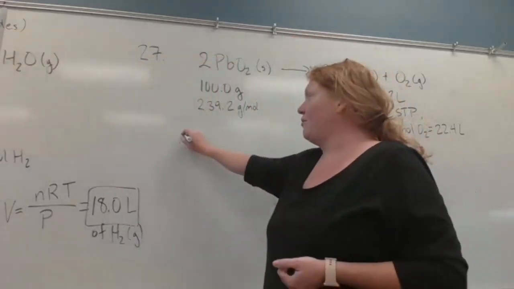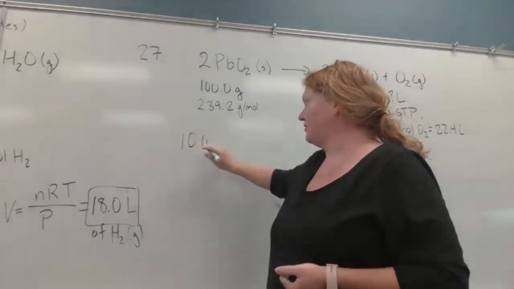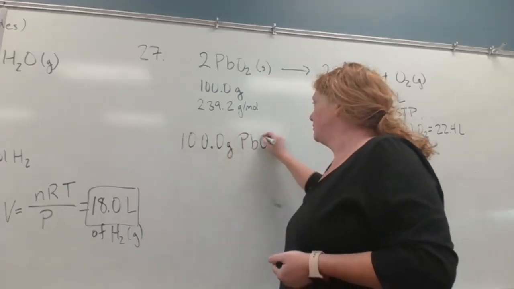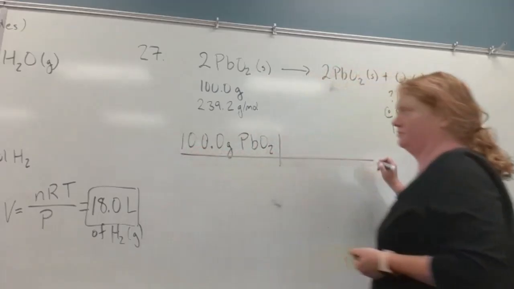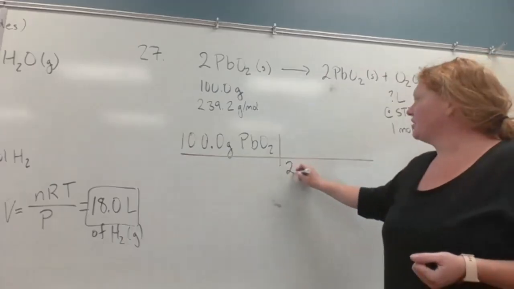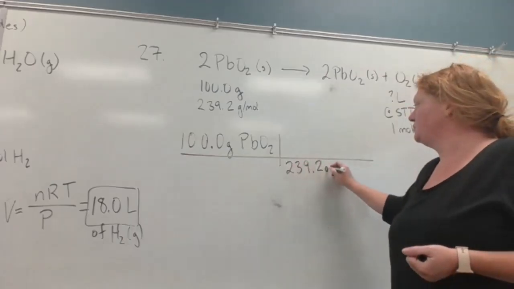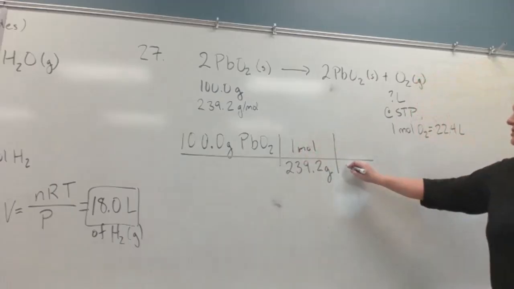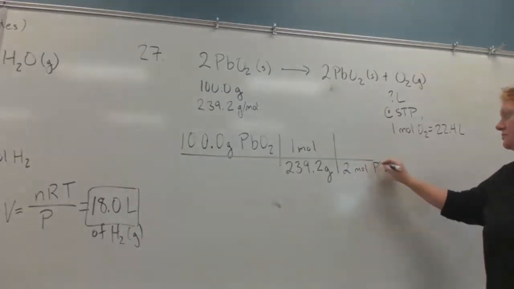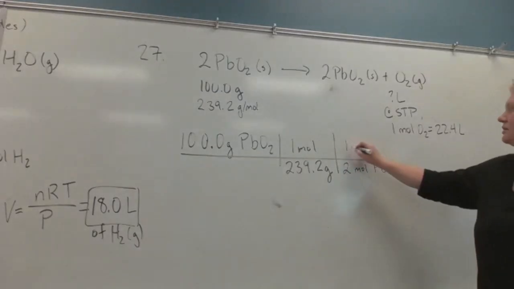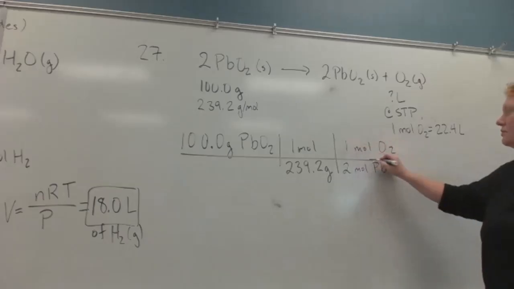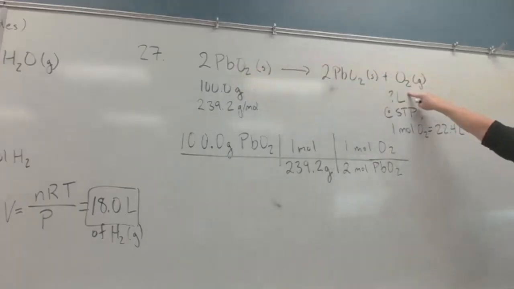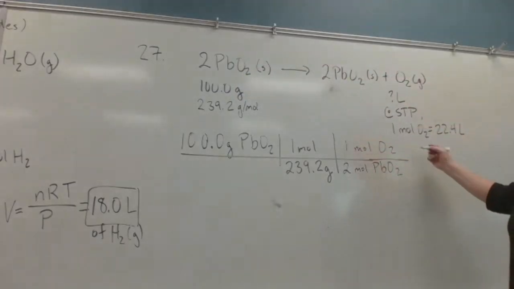This lets us just do a stoichiometry train track calculation converting PbO2 to moles, and then using our mole ratio to get from moles of this compound to moles of this element, 2 to 1.